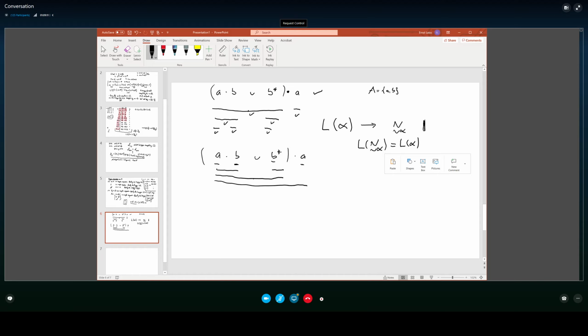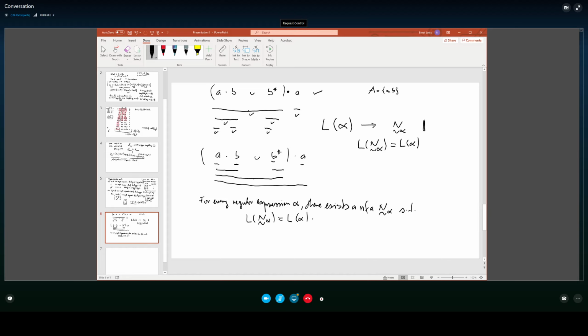So basically what we're going to do is show that for every regular expression alpha, there exists a non-deterministic finite automaton N sub alpha such that the language accepted by this non-deterministic finite automaton N sub alpha is exactly the language denoted by that regular expression.